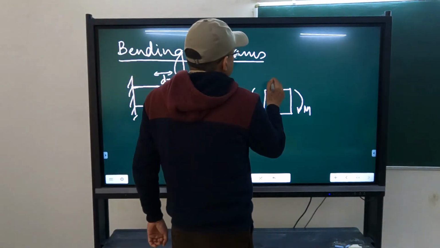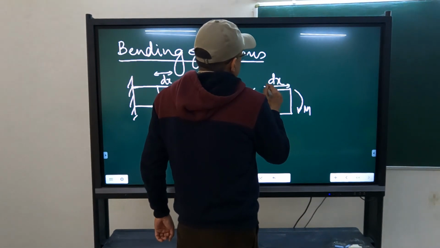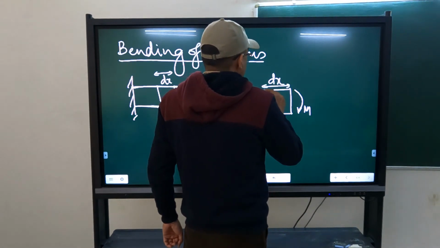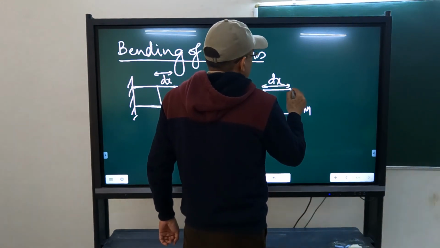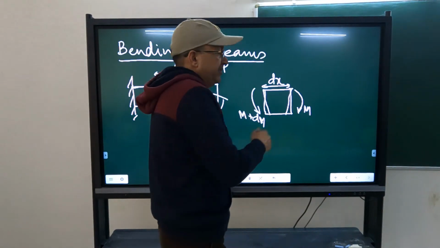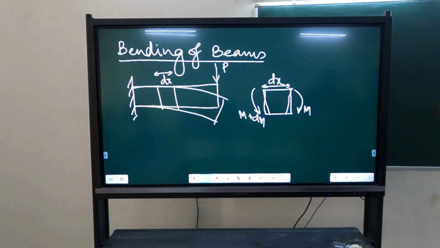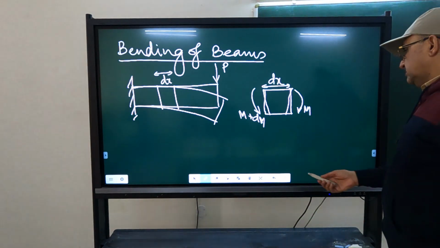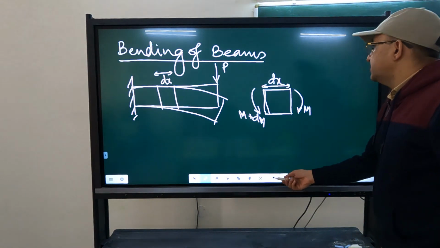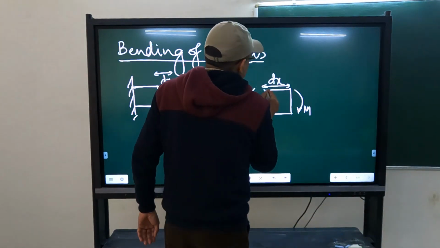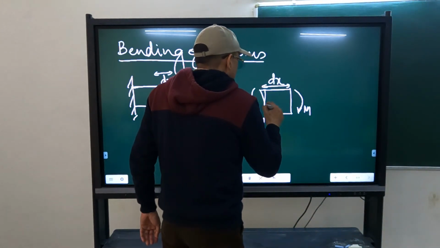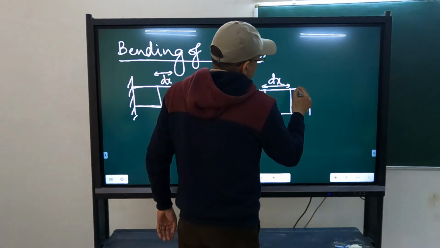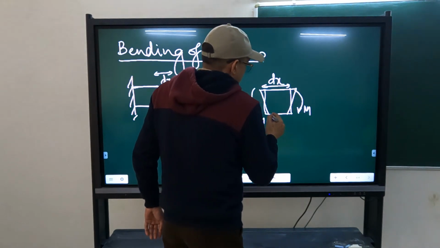The length is dx. What happens? This bends. The bottom fiber will get compressed, the top fiber will extend. What I have drawn is not precise. Actually, there will be extension here and compression here.